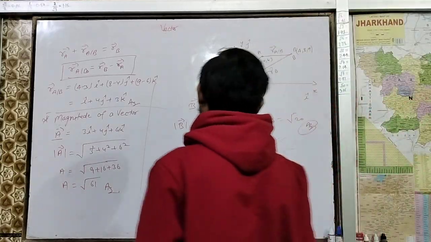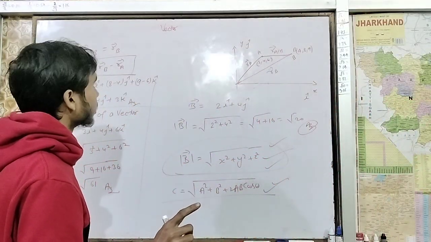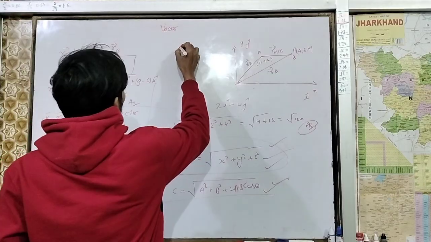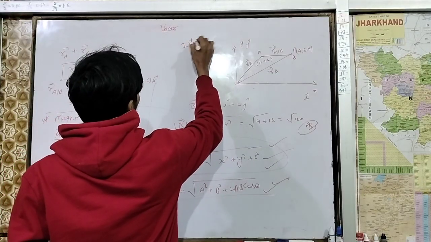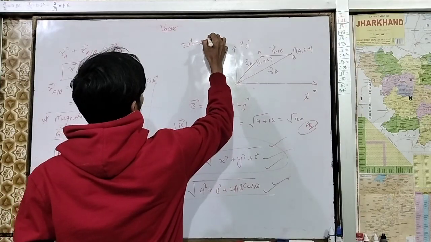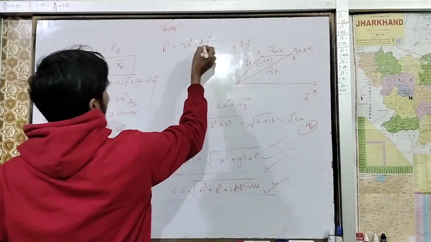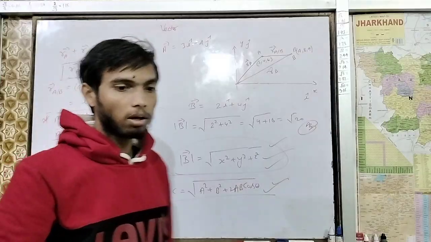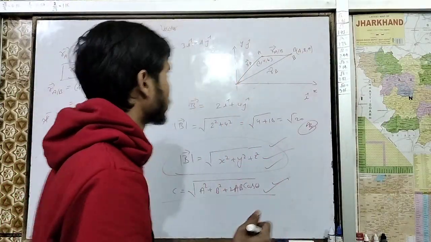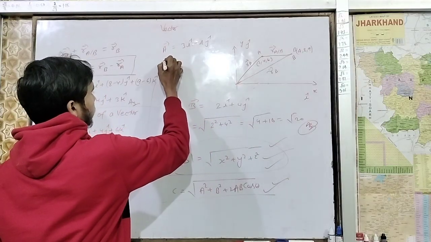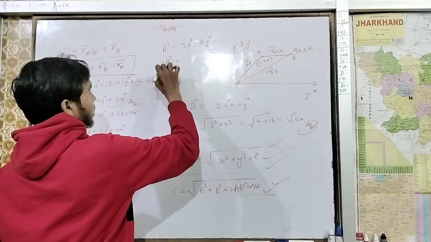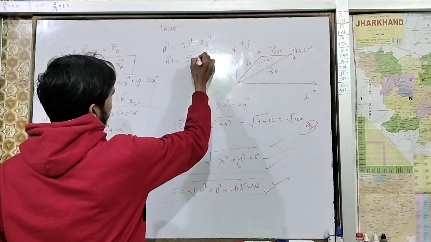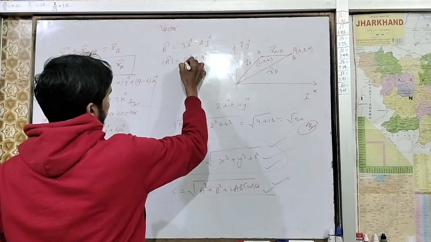Now remember one thing. Take 3i cap minus 4j cap, the location of this vector. This minus will become addition when you use the mod. So it is 3 squared plus 4 squared.